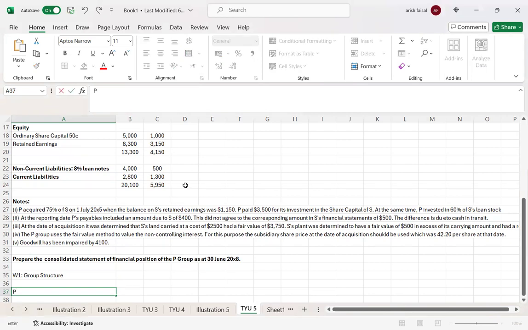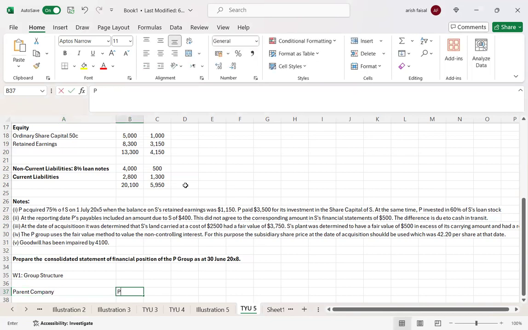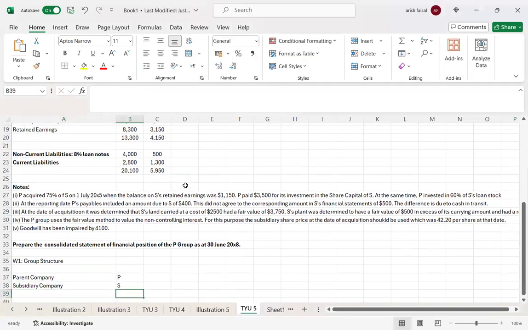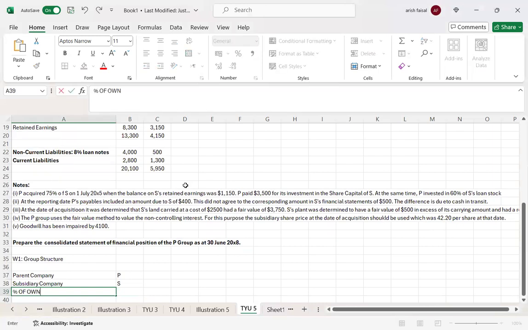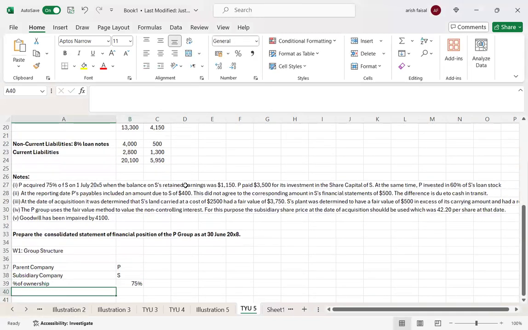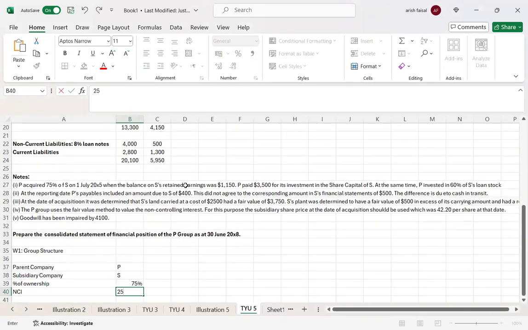So basically P is the parent company, that's the name, and the subsidiary company is S. The percentage of ownership is basically 75, so that gives you an NCI of 25%.